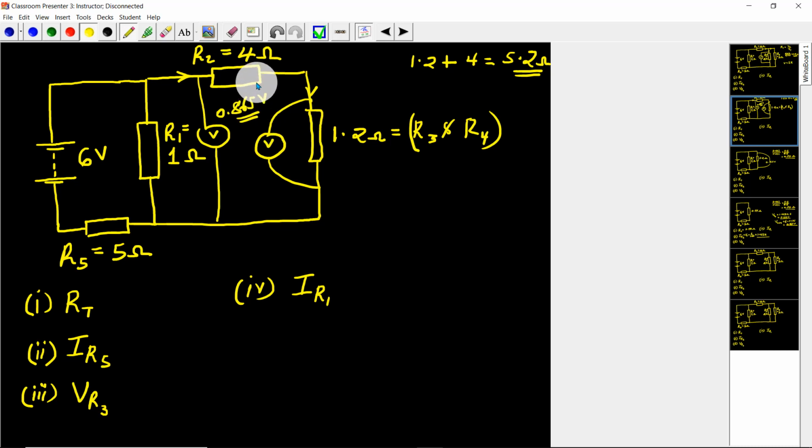So that means that the V2 plus the voltage across this connection is equal to this much.